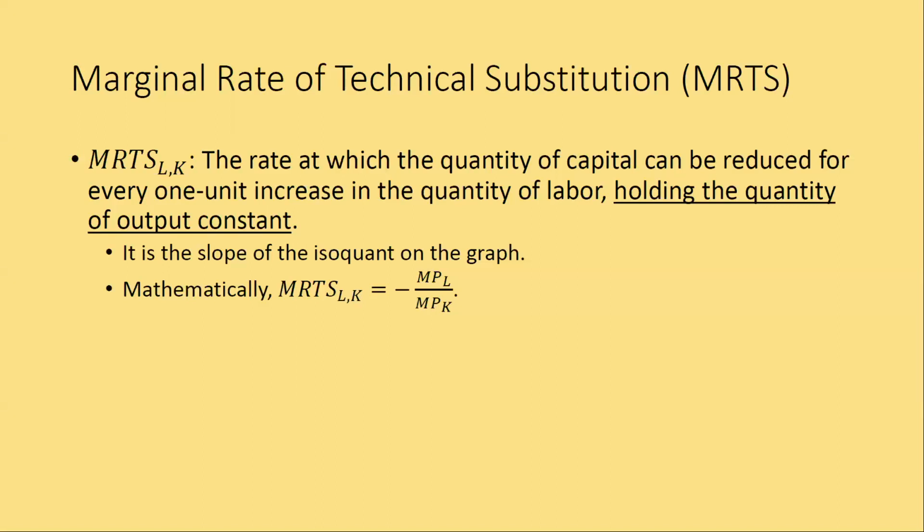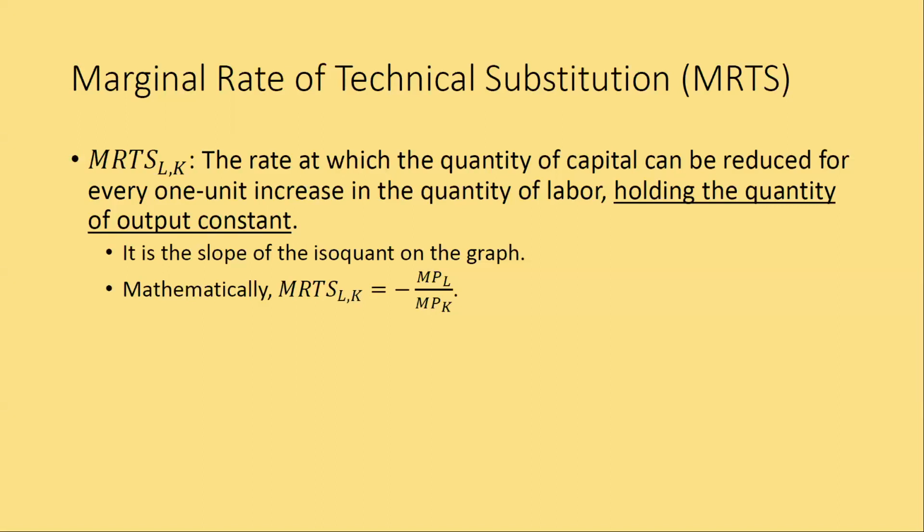Or we can say that this is the rate at which we need to increase capital if we were to decrease our use of labor by 1 unit. And most importantly, we are holding the quantity of the total output constant.